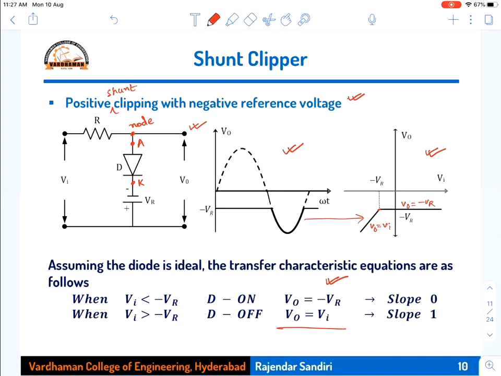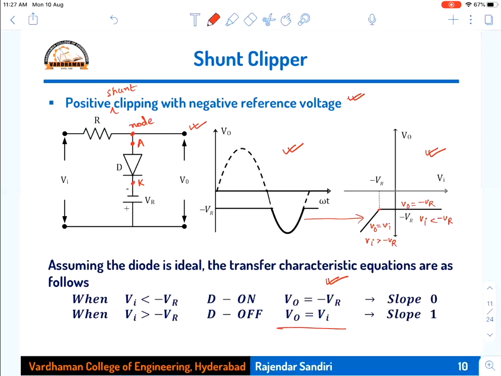So there are 2 segments in the transfer characteristics. One is for when Vi is less than minus VR, and this is the case when Vi is greater than minus VR. Okay, so then you will be getting the graph like that.